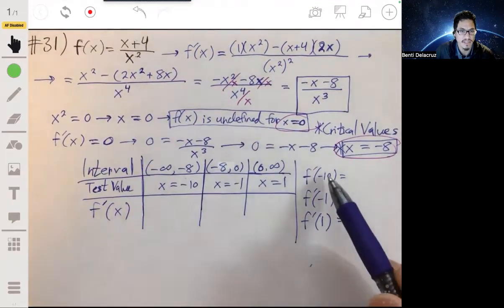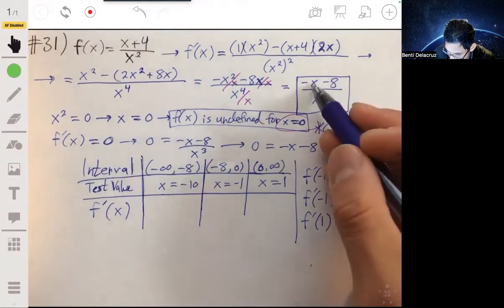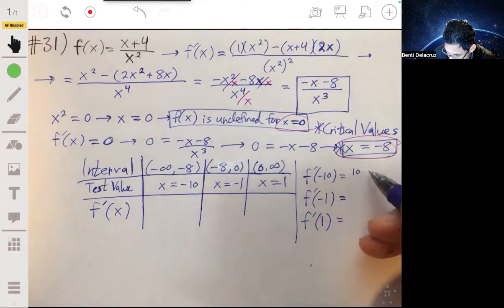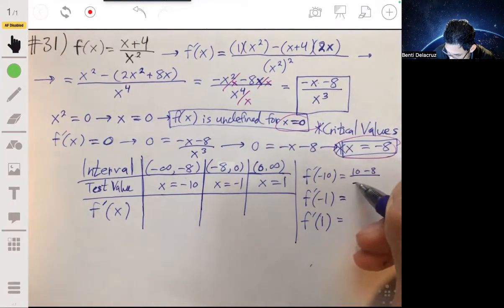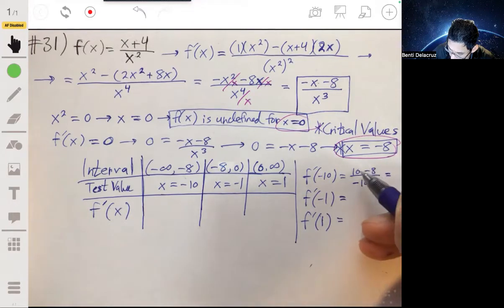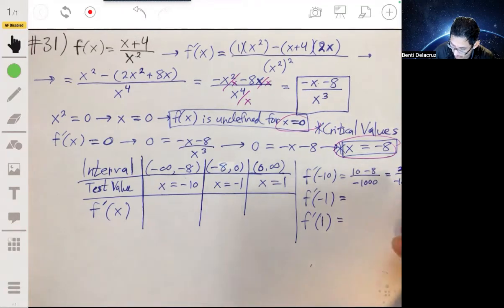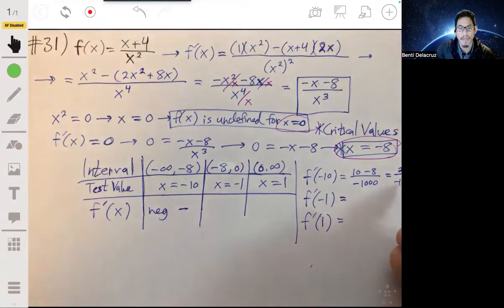I'm going to plug -10 into this equation. I'm going to get positive 10 minus 8 over -10 cubed. That'll be -1000. So that'll be 2 over -1000. Now I don't even need to calculate the value exactly. I just need to know that's negative. So I'm going to put negative here, because that's a negative number.